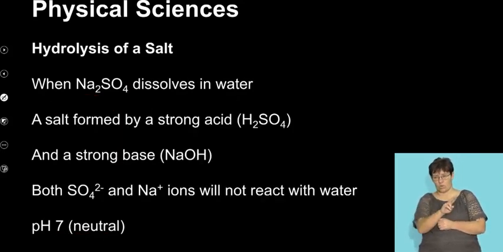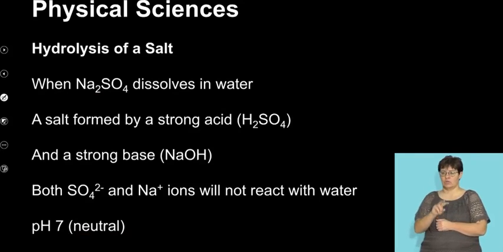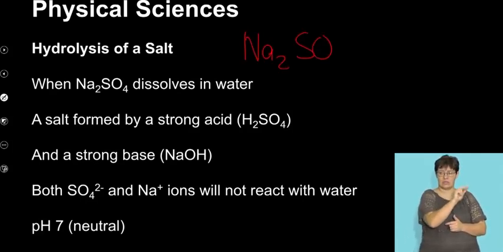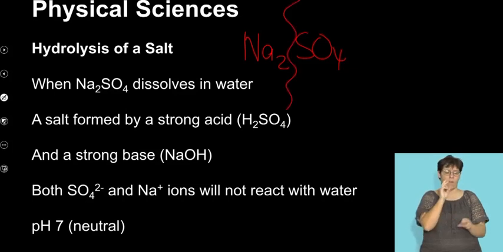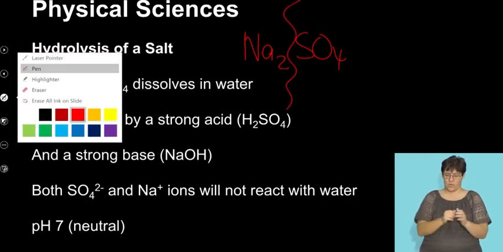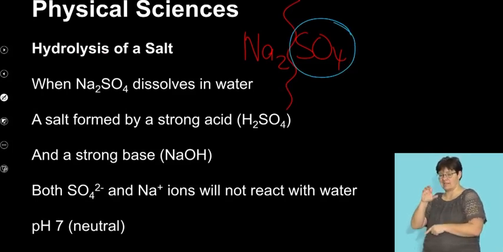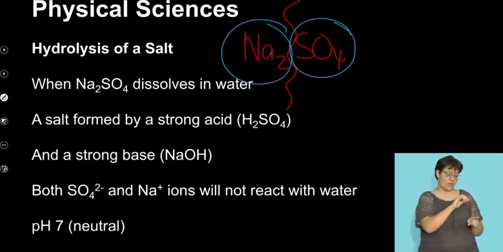When we look at sodium sulfate, when that dissolves in water, the first thing that we will look at is, if this child is sodium sulfate, who's the mom and the dad? I would say the sulfate comes from the acid and the cation comes from the base.